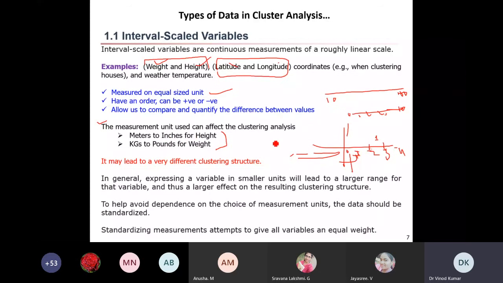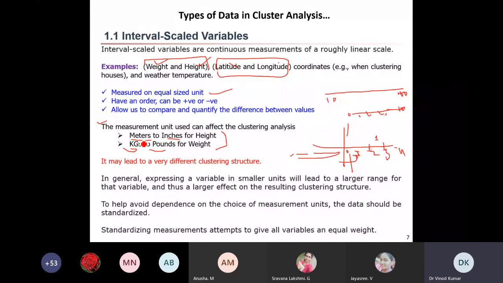Whatever unit you are using will largely affect your clustering shape. If you change the measurement units from meters to inches for height, and kilograms to pounds for weight, these changes will definitely affect the clustering.